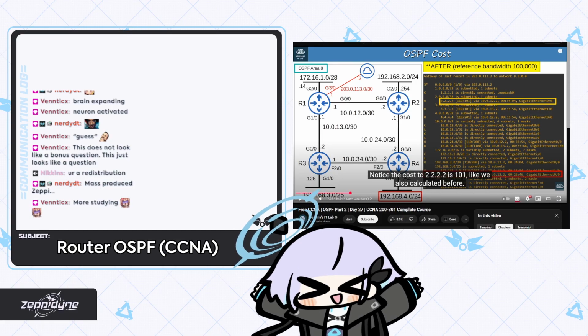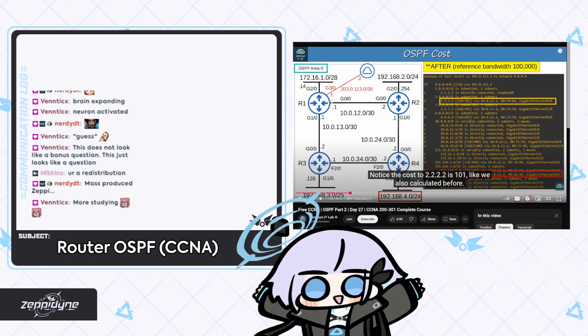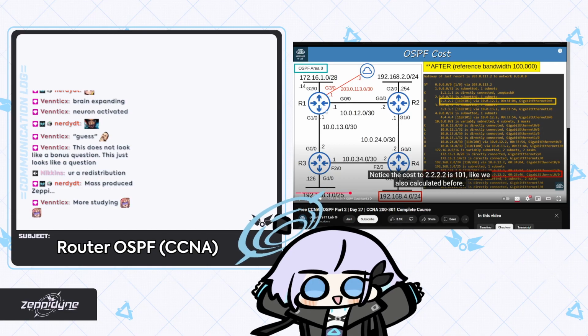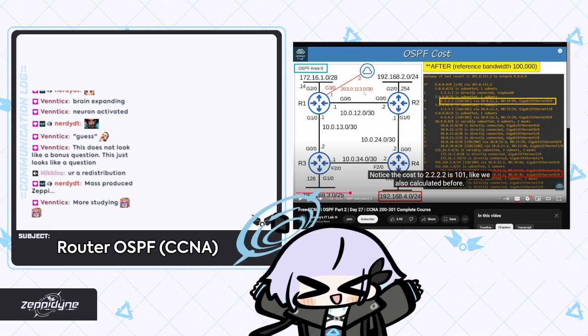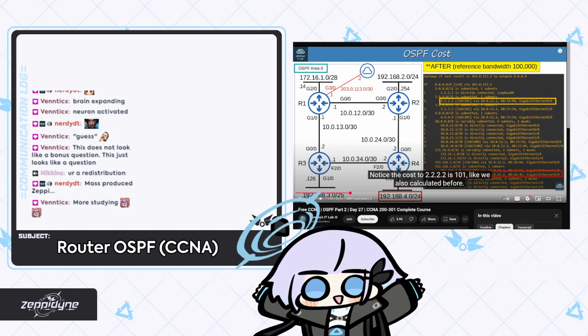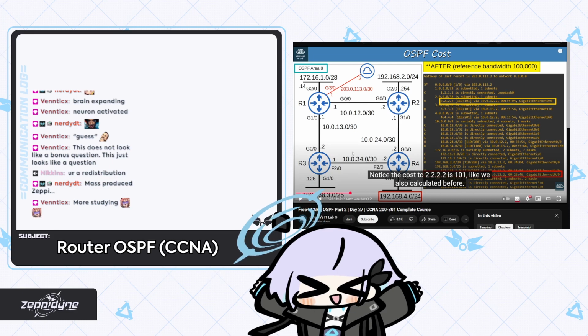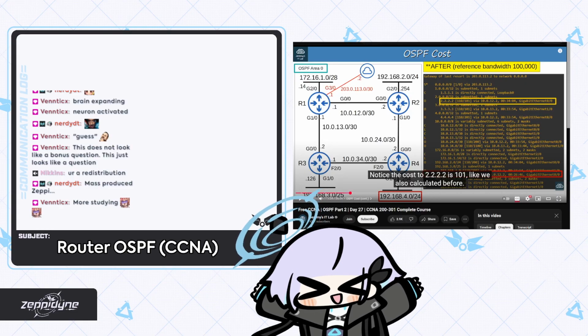The only thing that's different is the connection from R1's end. So the lower the cost, the better, right? 20 plus 5, 25 versus 10 plus 5, 15. Obviously, going from R1 to R2 is the fastest route to R4, just because it costs less.